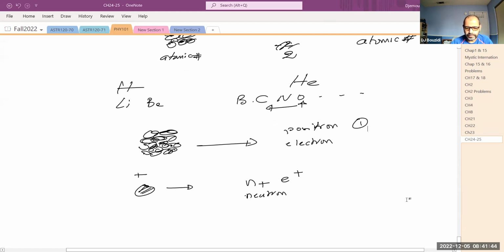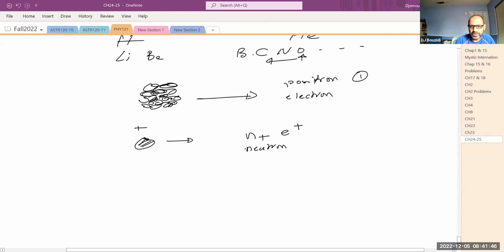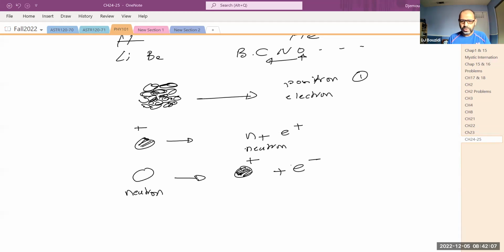Case two, it's the opposite. A normal neutron that has no charge decays into a positively charged proton and a regular electron. So in this case, the total charge before is zero, the charge after is zero, so everything is conserved, the mass is conserved, everything is conserved.